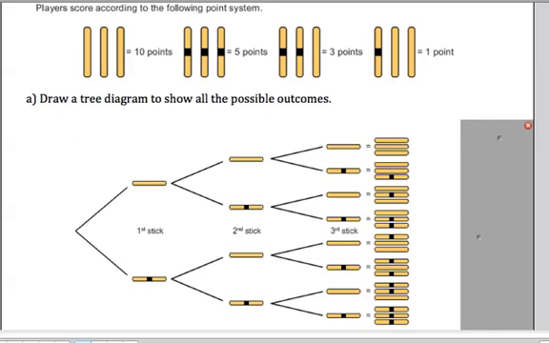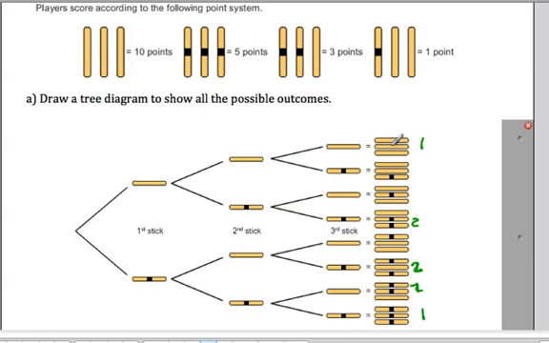There is 1 outcome where we get 3 no stripes, 1 outcome where we get 3 stripes, and then for 2 stripes there is another one, so this is 2 stripes and 2 stripes, so there's 3 outcomes where we get, I'll change this to 0 here just so it doesn't get confusing, and this is 3, and then 1 stripe, 1 stripe, and 1 stripe. So this is the possible outcome.